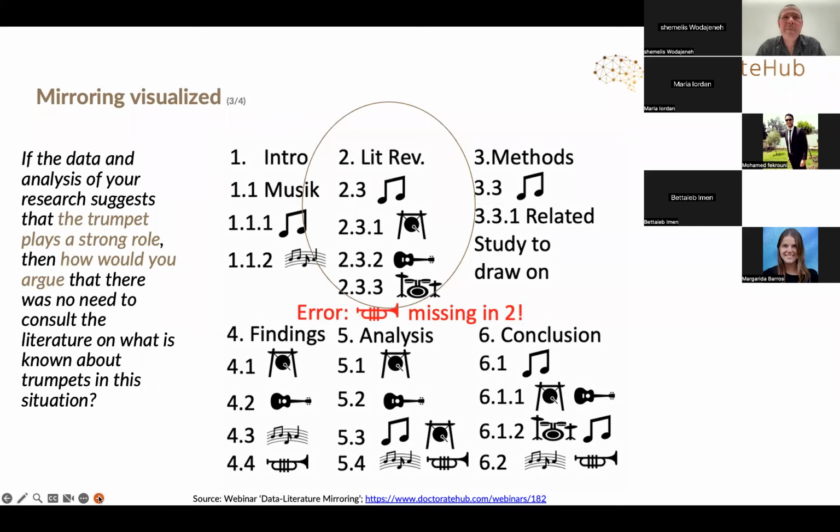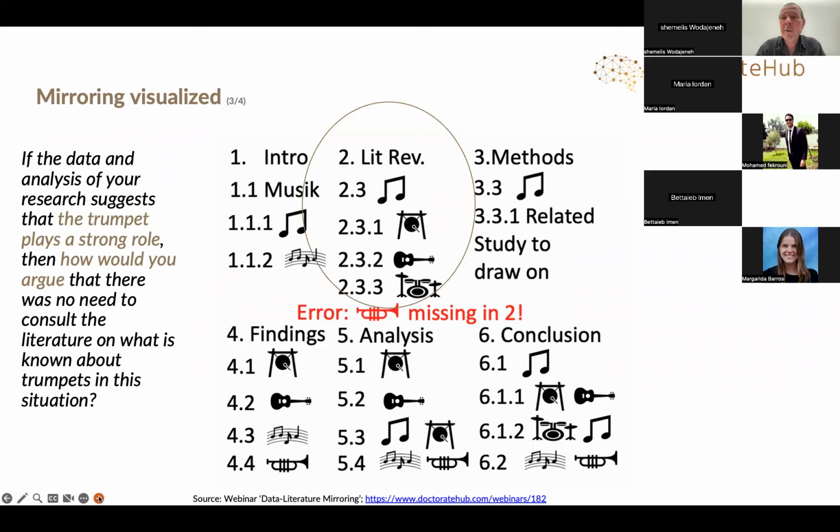So, if the findings and the analysis of your research collect data and look into data about a trumpet and how a trumpet goes together with notes, and that is a part of the conclusions in your chapter 6, why then can it be that it was not part of your literature review? Why didn't you consider trumpets from a literature perspective?